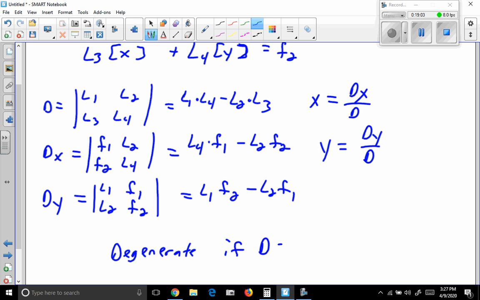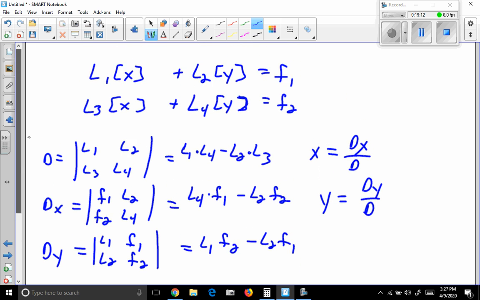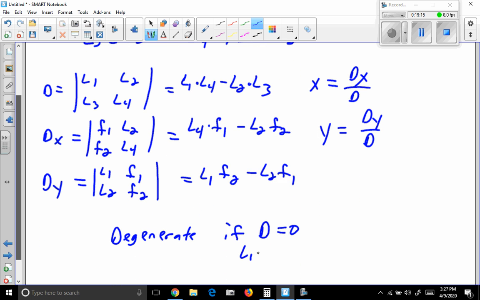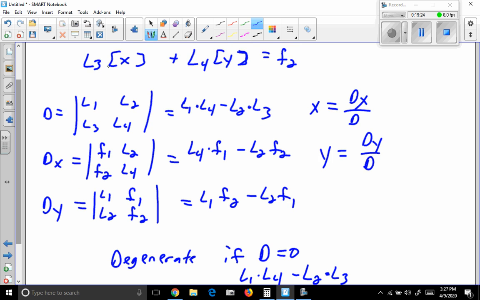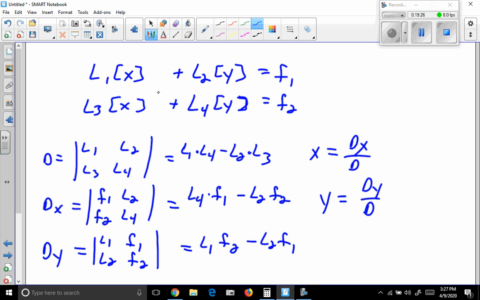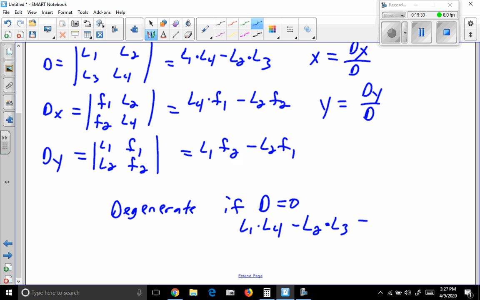So if d equals 0, and D here means the determinant, so if L1 times L4 minus L2 times L3 equals 0, then our solution degenerates.